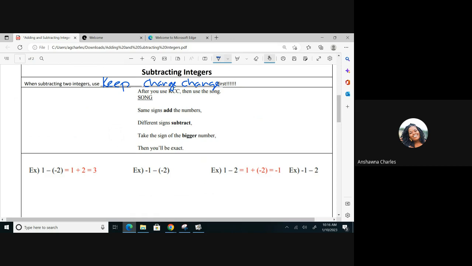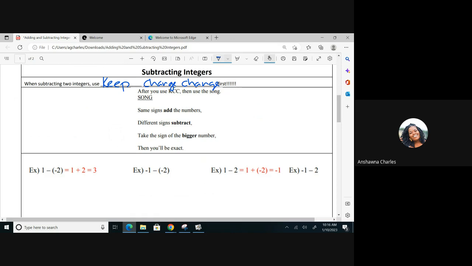So when subtracting two integers, you use keep, change first. After you use keep, change, then use this song. Same sign, add the numbers. Different signs, subtract. Take the sign of the bigger number, then you'll be exact. But even if you don't use that song, make sure that you do keep, change.